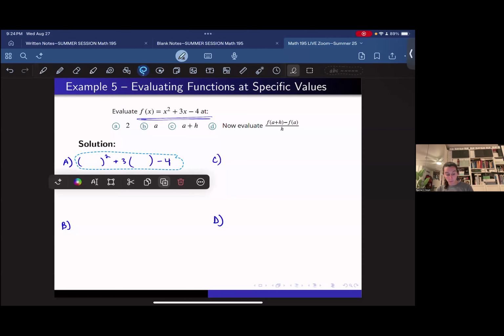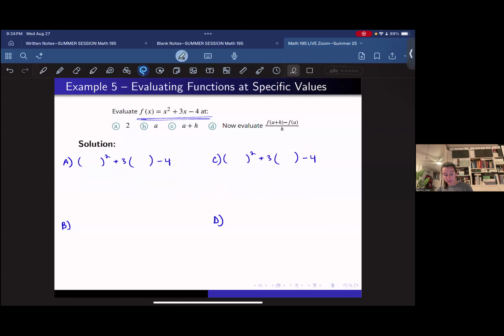Now, we are going to be using this for each part of this problem, A, B, C, and D. The only thing that's changing now are your inputs. So in part A, we're plugging in 2, calculating and simplifying. 2 squared is 4, 3 times 2 is 6. 4 plus 6 minus 4 just gives us 6, and we're done.